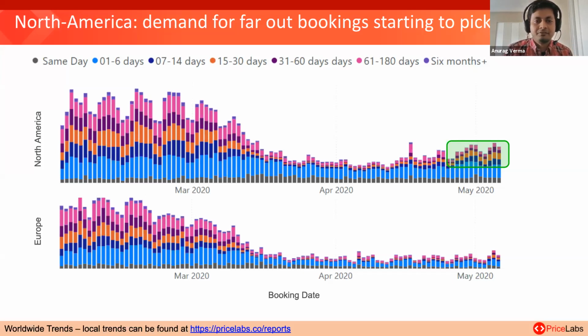One of the biggest things that we saw was, yes, all the volume dropped, but this dark green-gray of same day bookings actually stayed pretty consistent. There wasn't much of a dip in same day bookings. The same week bookings dipped by about 50%.